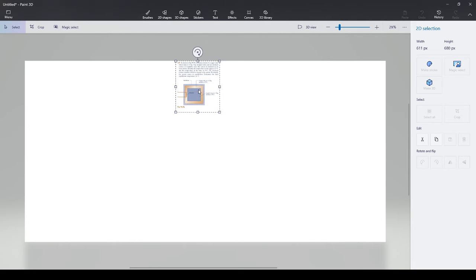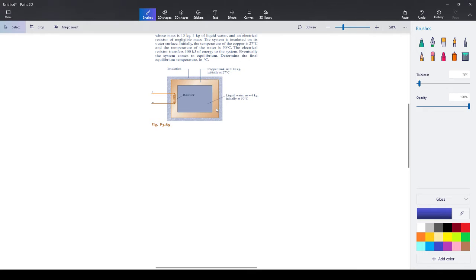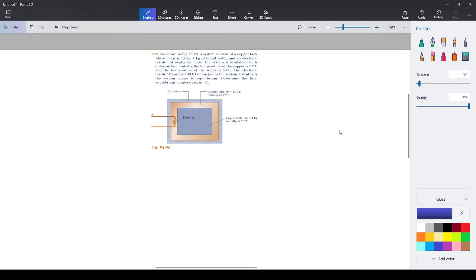So up here. All right, so it says, as shown in figure 3.89, this right here, a system consists of a copper tank whose mass is 13 kilograms, 4 kilograms of liquid water, and an electrical resistor with negligible mass, okay?